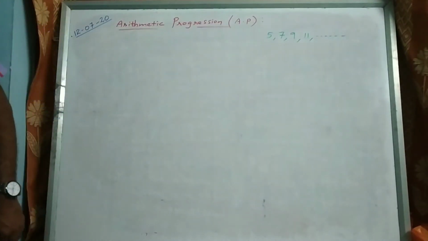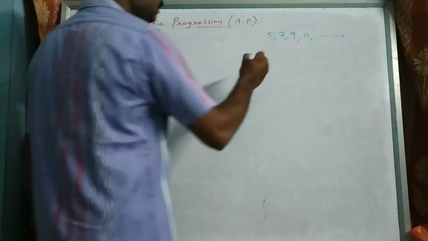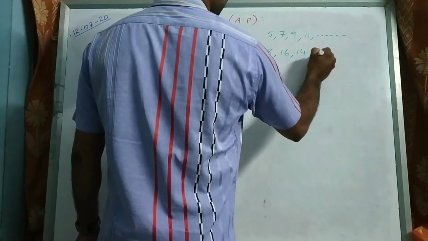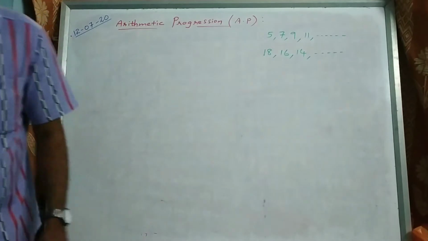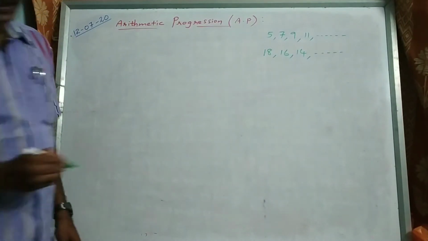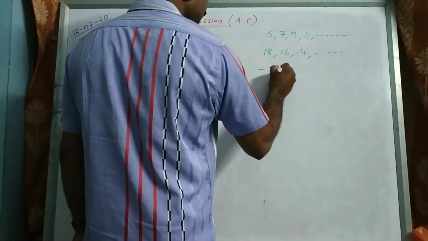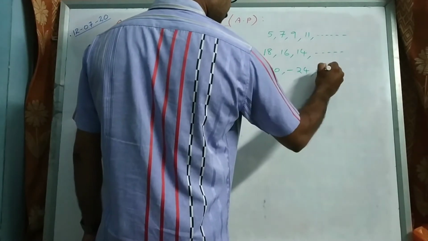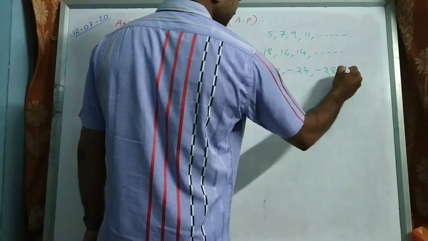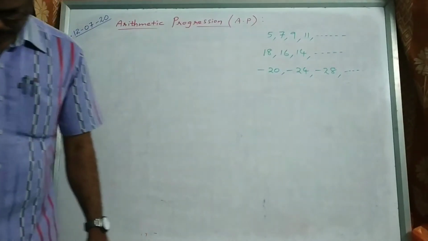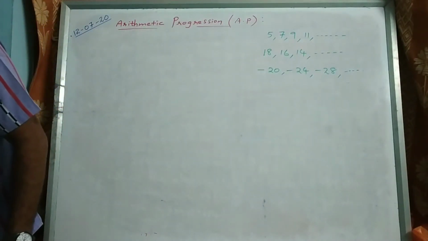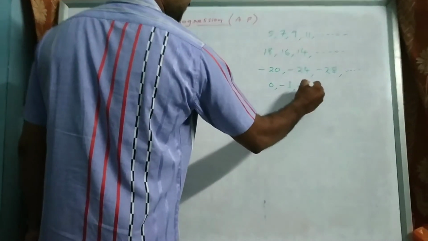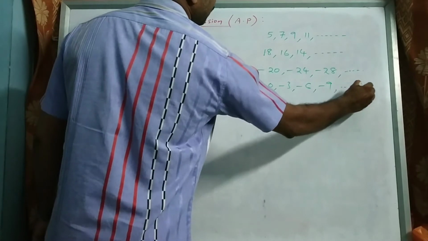Similarly 18, 16, 14, and so on. Minus 20, minus 24, minus 28, and so on. 0, minus 3, minus 6, minus 9, and so on.